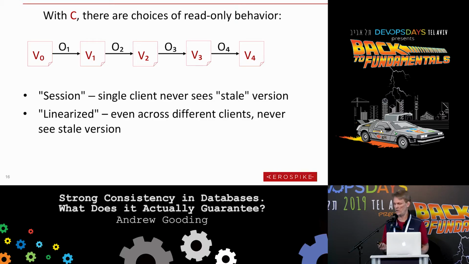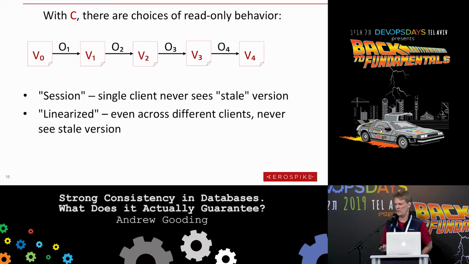One, which I call session consistency. I don't know what the other names for this are, read what you wrote, and so forth. I have a hard time with nomenclature in computer science. It sometimes seems like there isn't just one standard thing. But anyway, to me what that means is that a single client is never going to see a stale version.